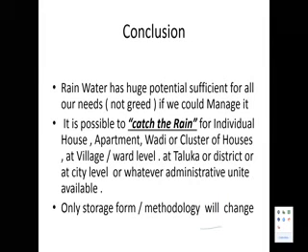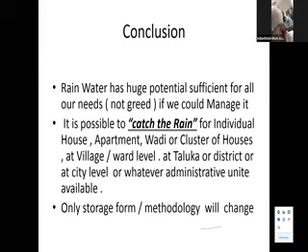This is the conclusion now. Rainwater has huge potential. I think we are not using the rainwater potential. Nowhere is it used. And unnecessarily we are saying that in 2030 there will be a water crisis, in 2040 something will happen; nothing is likely to happen. The only thing is that we must learn to manage rainwater.